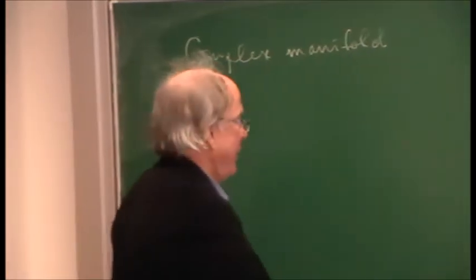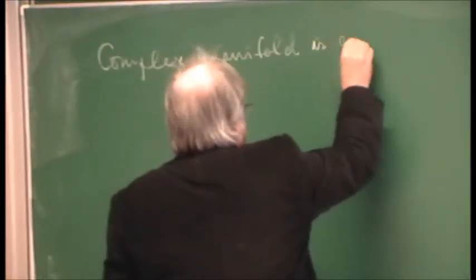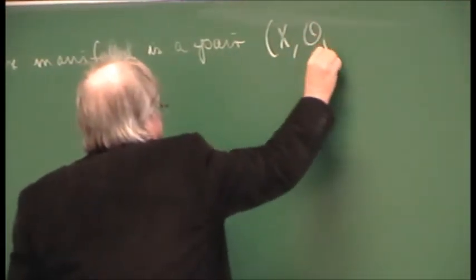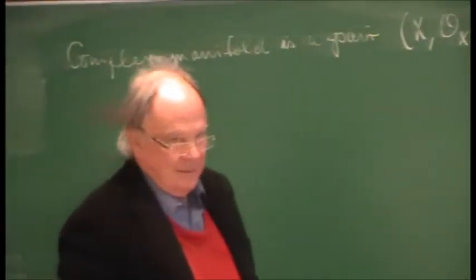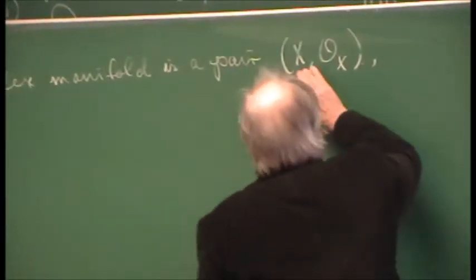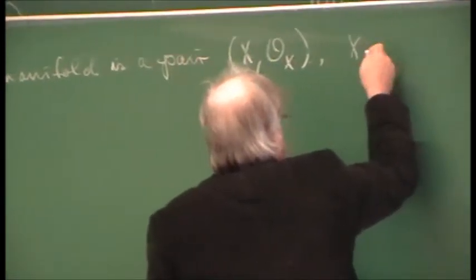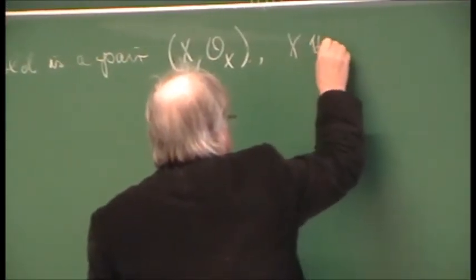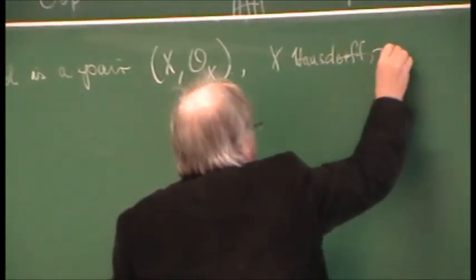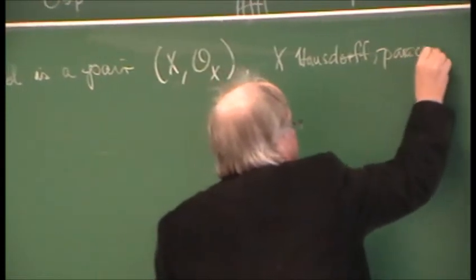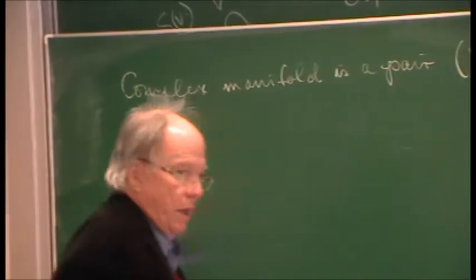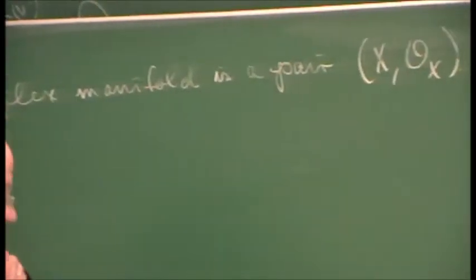Is a pair X, OX, where you have some minimal restriction on X, maybe Hausdorff and paracompact and all this. I never know how these topological restrictions must be made, but I certainly have this in mind. Okay. And OX is a sheaf.